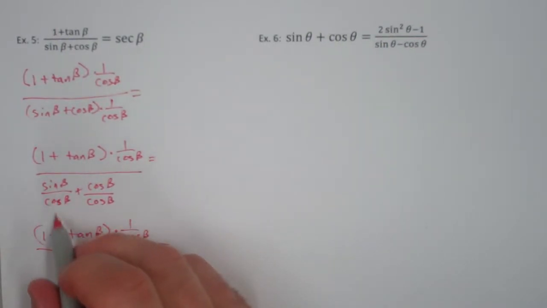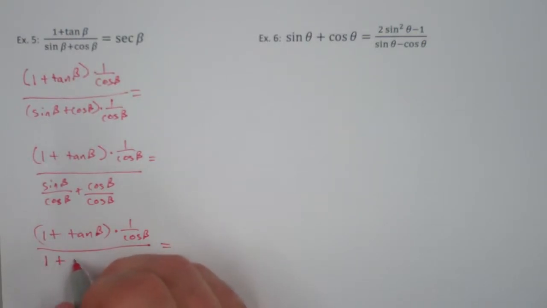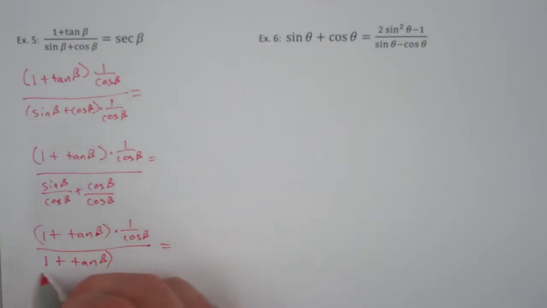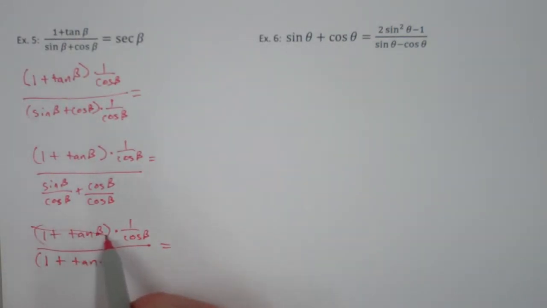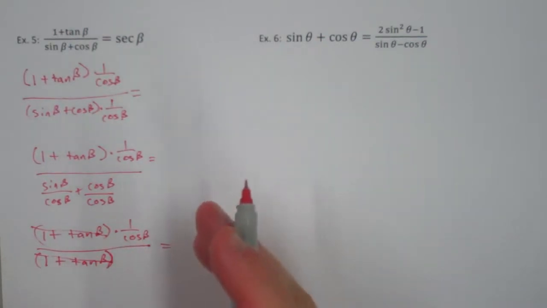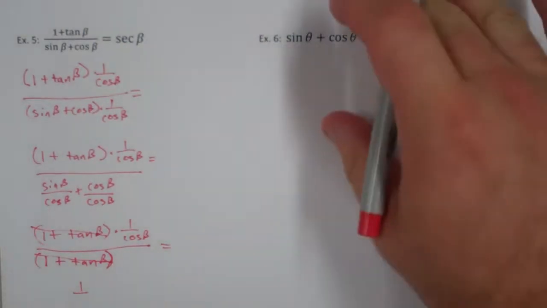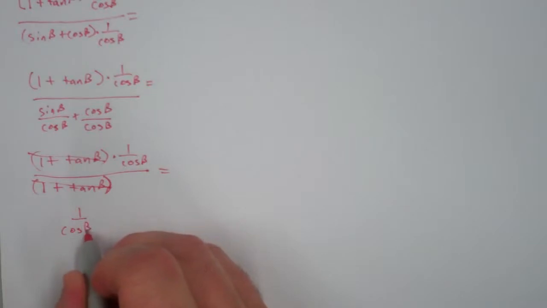And then we have tangent of beta here plus 1. Or, if you think about it, that could be also 1 plus the tangent of beta. Since that's in the denominator, that's being grouped, and now I see something that I can cancel out here. Sweet. So we can cancel these two out. I'm just left with 1 over the cosine. And the 1 over the cosine is the secant.